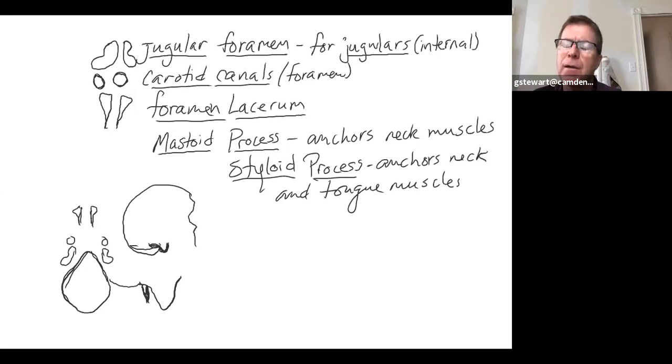All of these are located within the temporal bones. There's a foramen sort of between these two processes, and it's called the stylomastoid foramen based on its location between here and here.